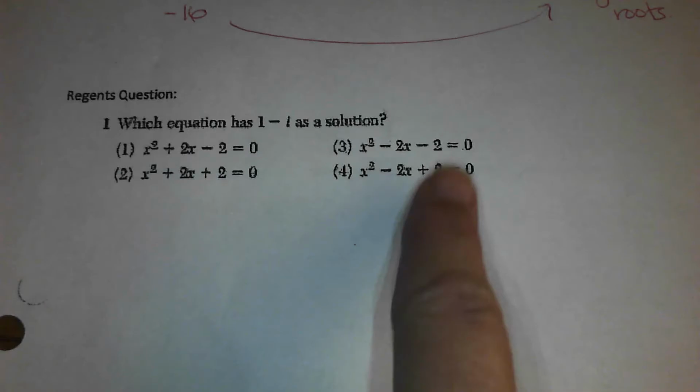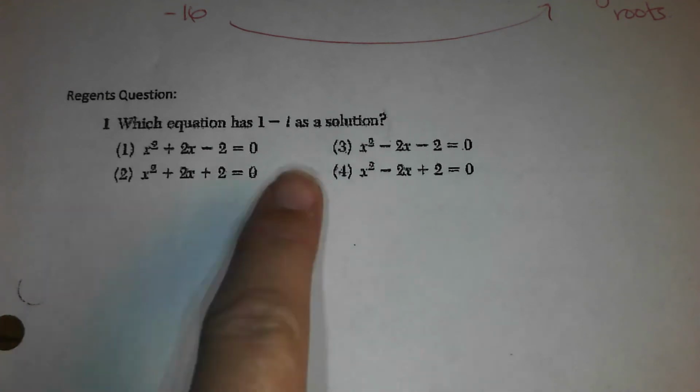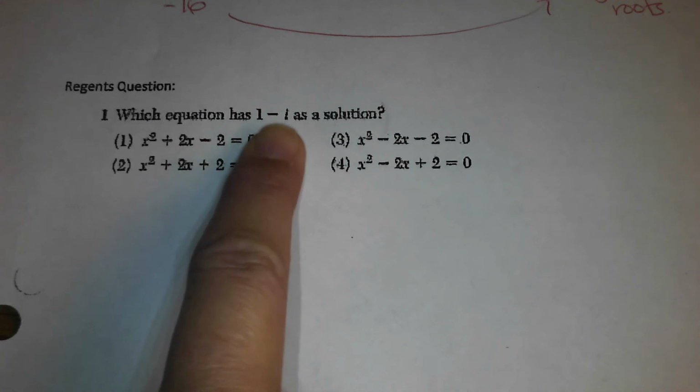You do quadratic formula for all 4 of these, and just sort of wait until you get to one that has 1 minus i as a solution. But that's a lot of work. So to at least help eliminate the need for some of that, you could just calculate the discriminant for all 4 of these. And if we know our solution is 1 minus i, then we know our solution is imaginary.